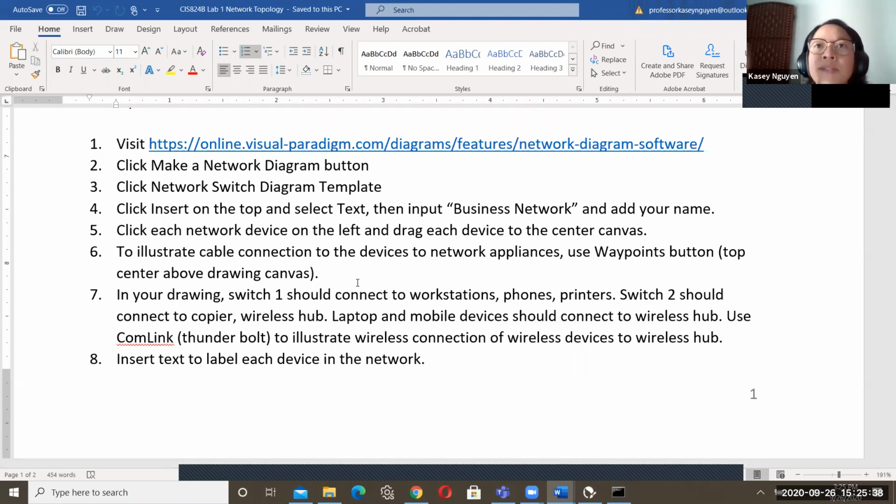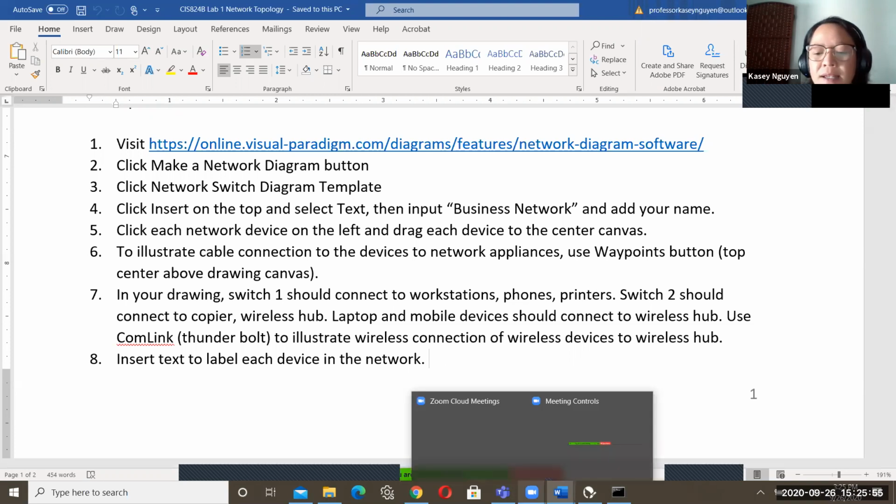Okay, and we would use a line to represent cable. Switches are not wireless in a business environment. They use cable. You can add in labels and text to make your network diagram look nice.